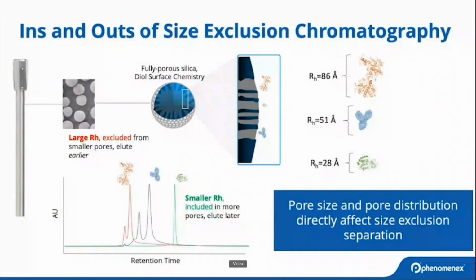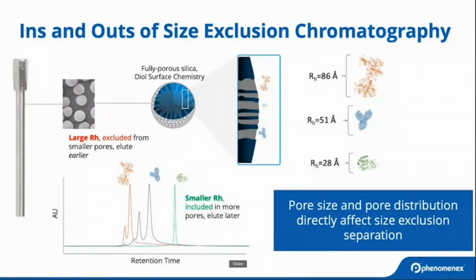Looking at the example that we have here, thyroglobulin, which has a hydrodynamic radius of 86 angstroms, will elute earlier than an IgG, which has a hydrodynamic radius of 51 angstroms. This is because the thyroglobulin will be excluded from the smaller pores, so it exhibits an earlier retention time.